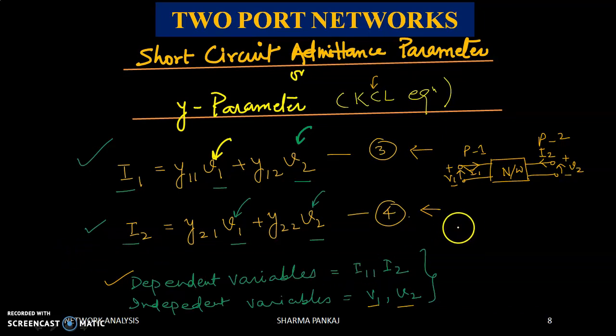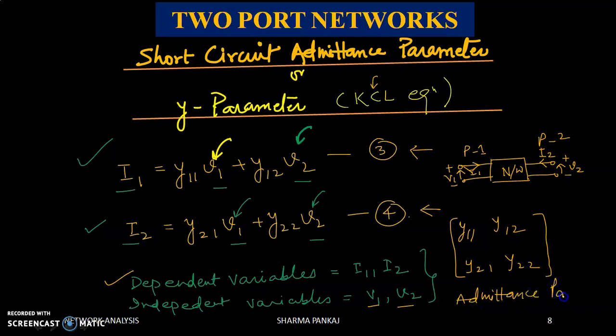Y11, Y12, Y21 and Y22 are the admittance parameters. What are these? These are admittance parameters. I am writing like this in matrix form.